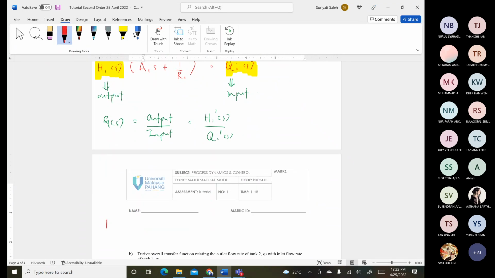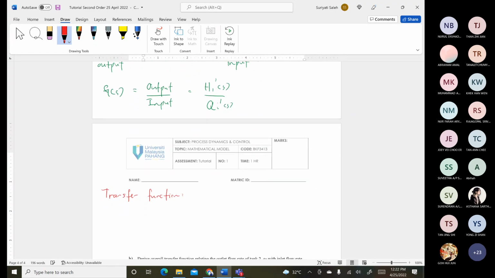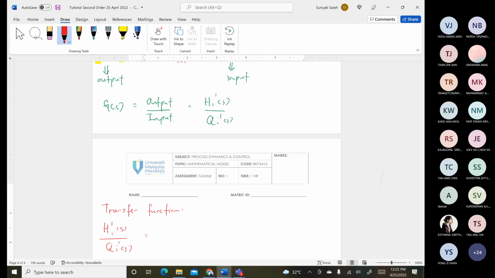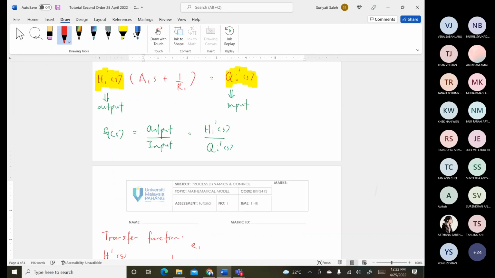So the transfer function H1 prime S equals 1 over A1S plus 1 over R1.